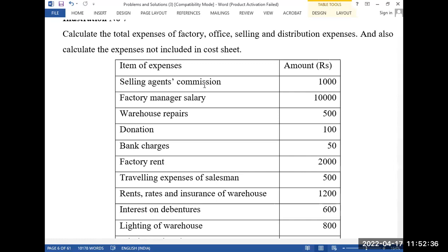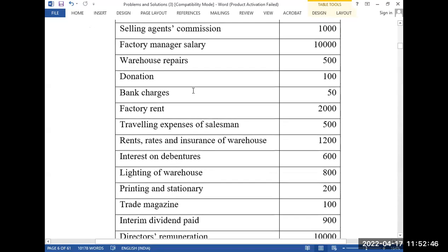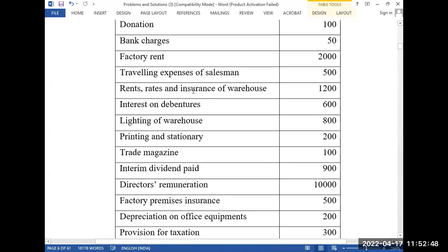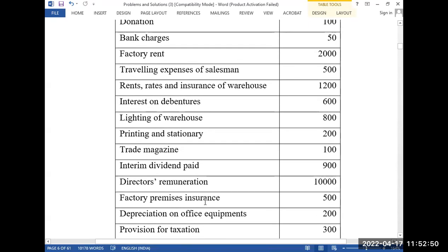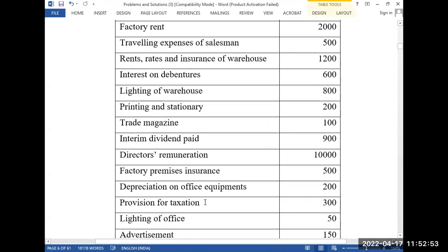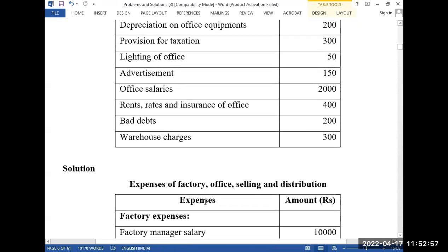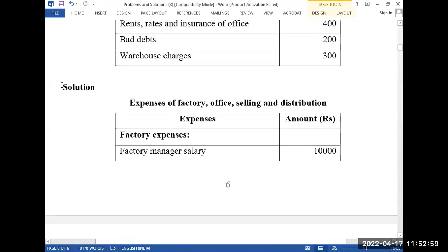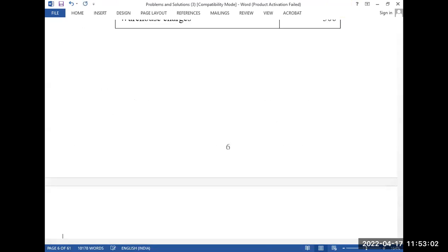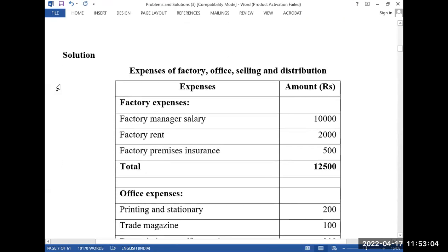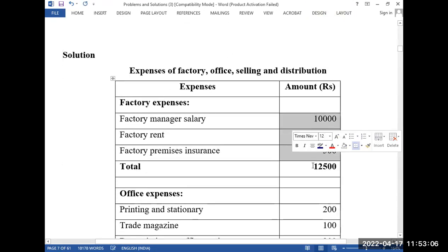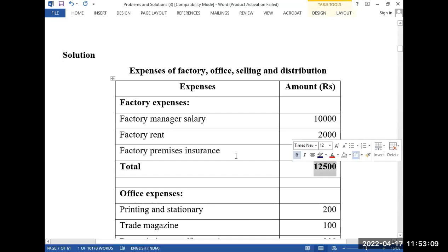Factory manager salary, factory rent, factory premises insurance, only 3. Look at the solution given here. 3 items added together and we got the total of factory expenses, factory overheads.